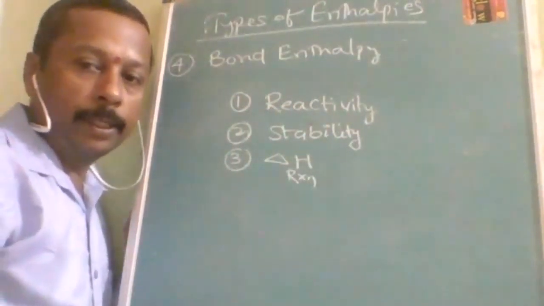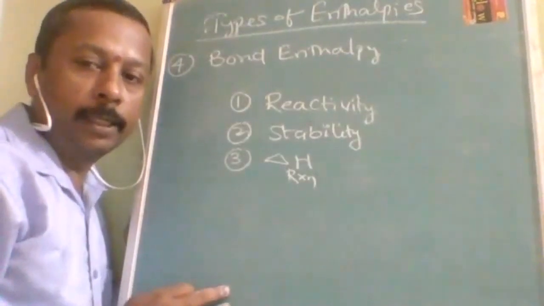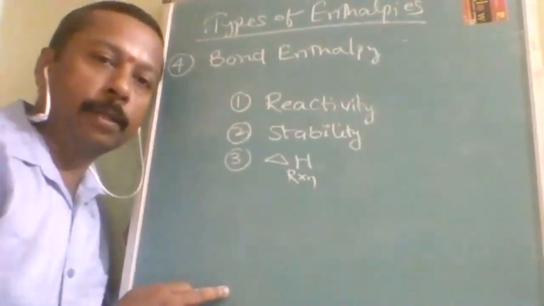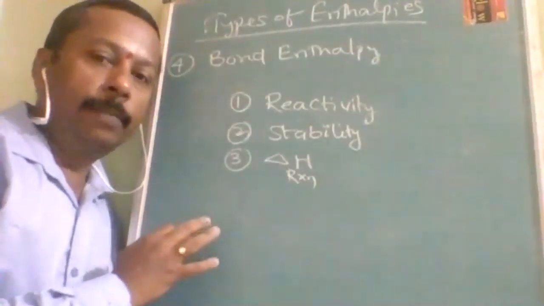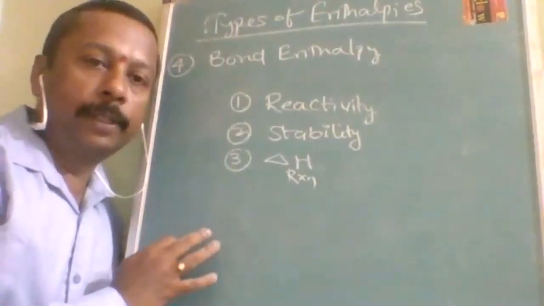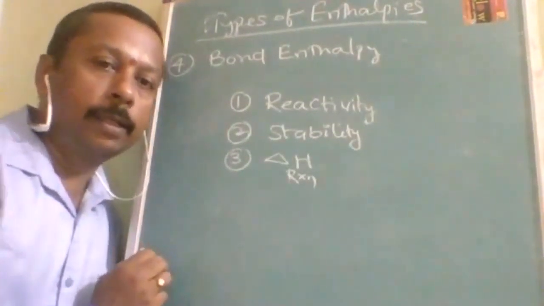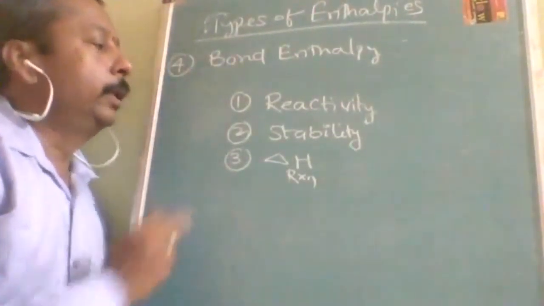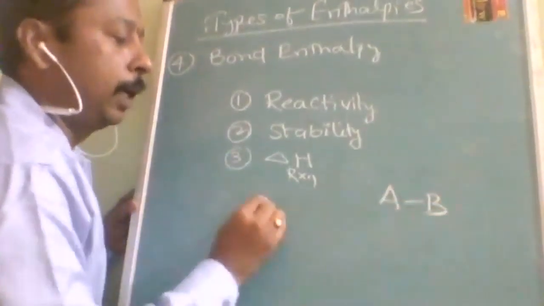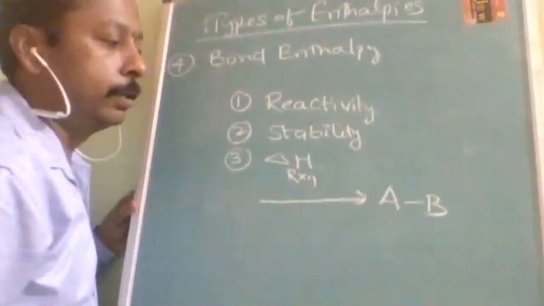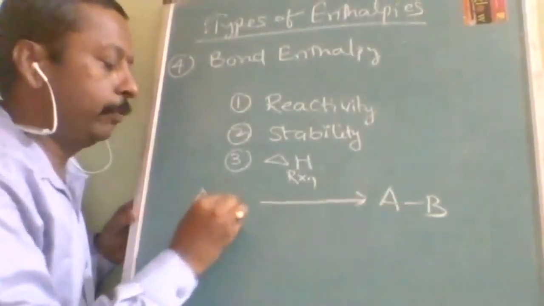Okay. So there is a request from one of our students that sir can once again define bond enthalpy. Understood? That is the advantage of being in class. Whenever you are feeling a problem in some place, you can ask, and clear your doubt then and there. Okay, see here, bond enthalpy can be defined in two different ways. The amount of enthalpy or heat released when 1 mole of bond is formed.